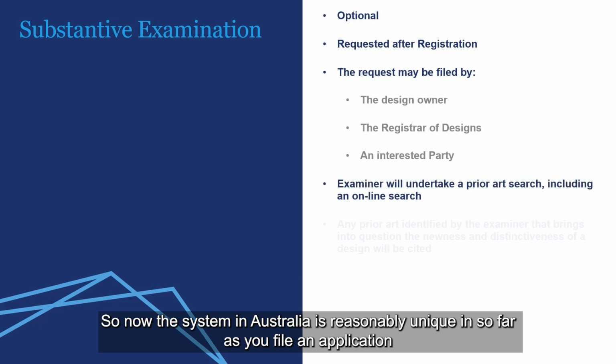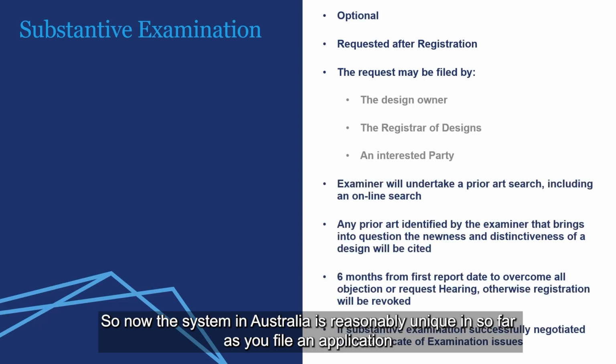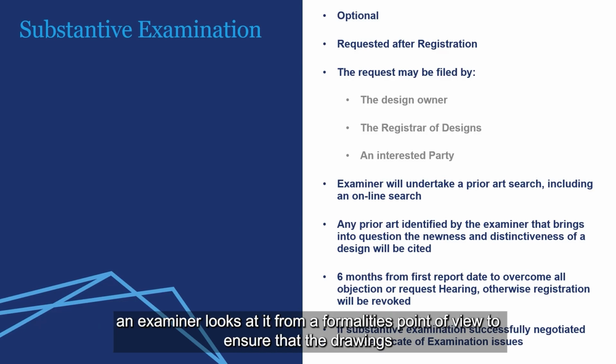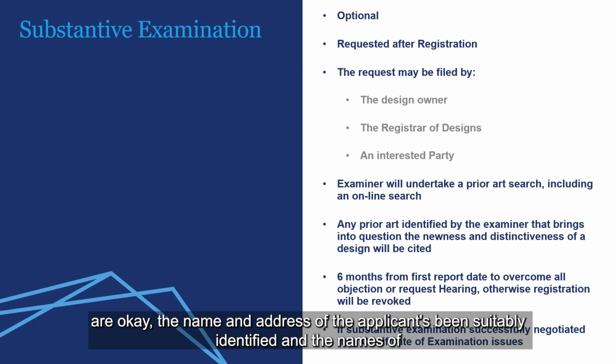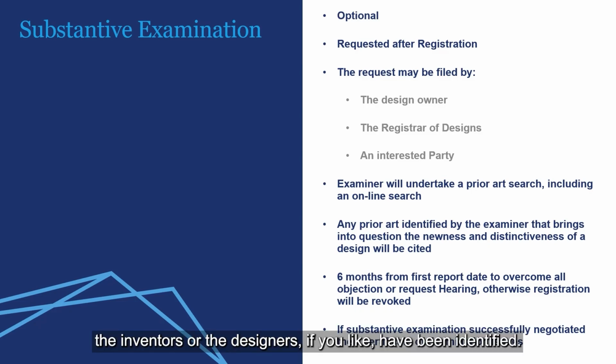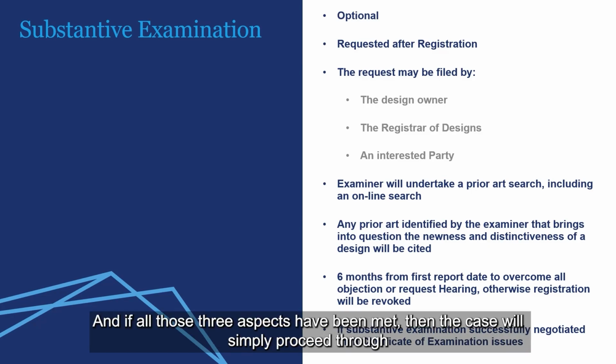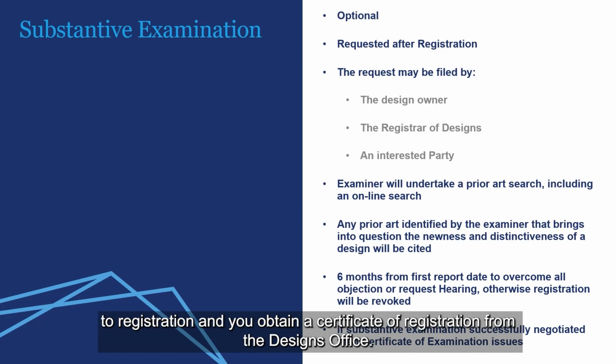So now the system in Australia is reasonably unique insofar as you file an application, an examiner looks at it from a formalities point of view to ensure that the drawings are okay, the name and address of the applicant's been suitably identified, and the names of the inventors, or the designers if you like, have been identified. And if all those 3 aspects have been met, then the case will simply proceed through to registration and you obtain a certificate of registration from the Designs Office.